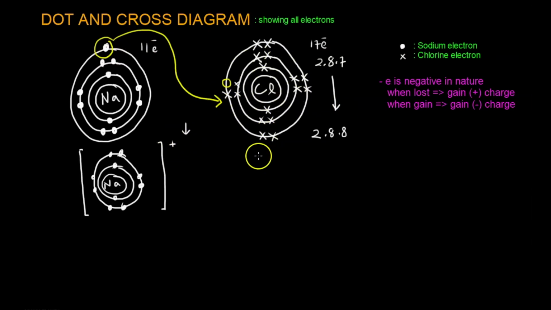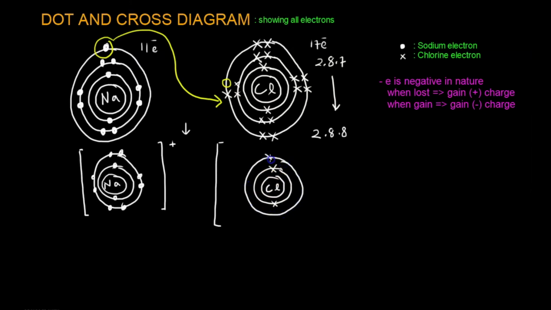On the other hand, for chlorine, this is what happens. This is the nucleus, first shell with 2 electrons. Notice I'm using crosses for chlorine atoms. After the first shell, this is the second shell with 8 electrons. There's no change for this, just copying the same thing.